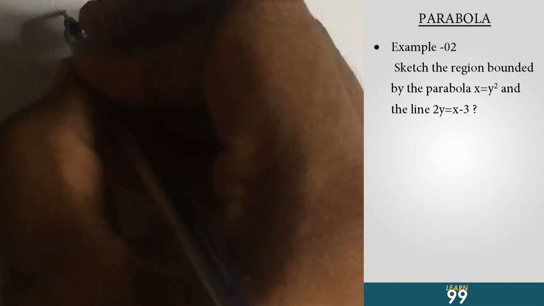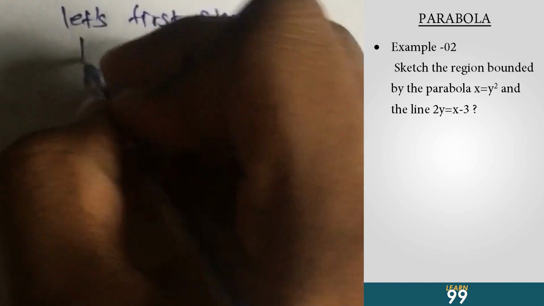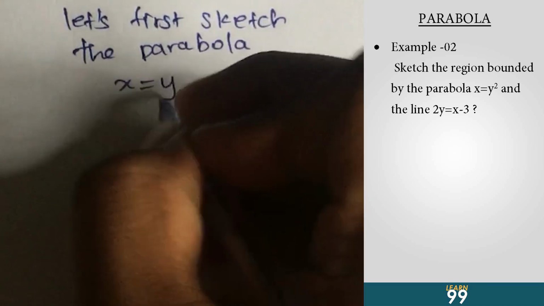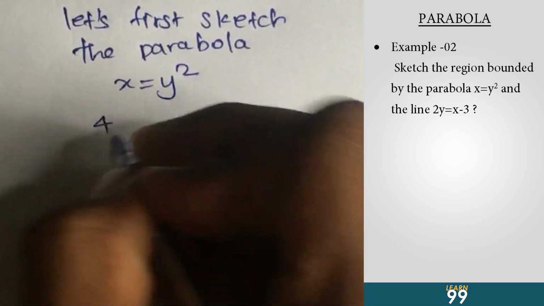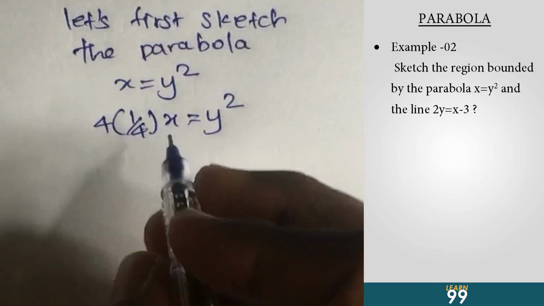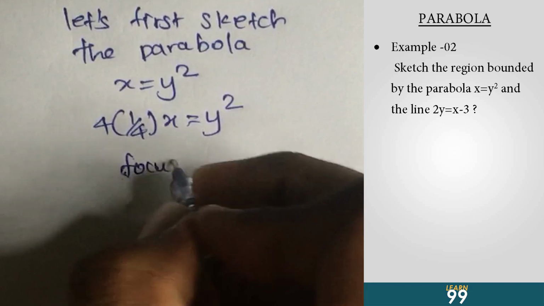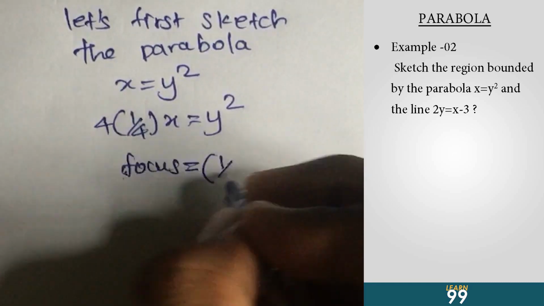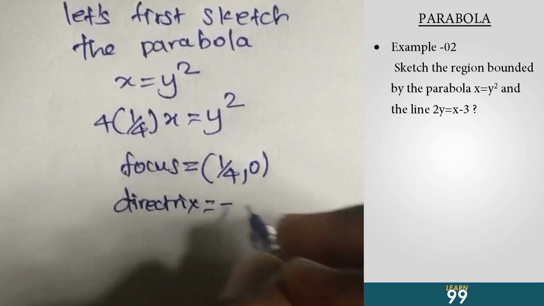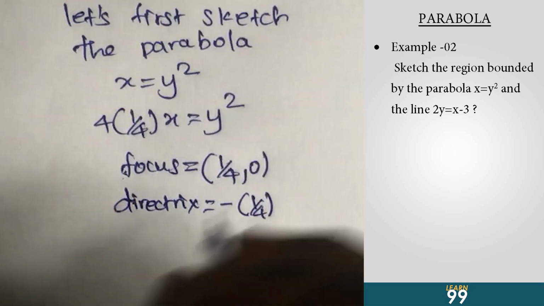Yes, now we have found the intersecting points. Then we will go to the parabola. How to sketch the parabola first? We know that our parabola equation is y squared equals x. Then we can change this equation into y squared equals 4px. Then we will get p value is 1 by 4, and also our directrix is x equals minus 1 by 4.